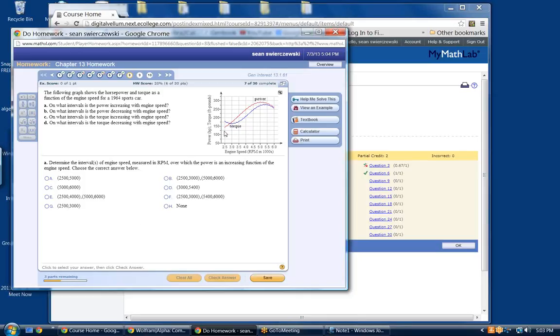So they're looking at the power. 2,500 to 5,000? Correct. In other words, from this point here, which is 2,500, to this point right there. So, A.